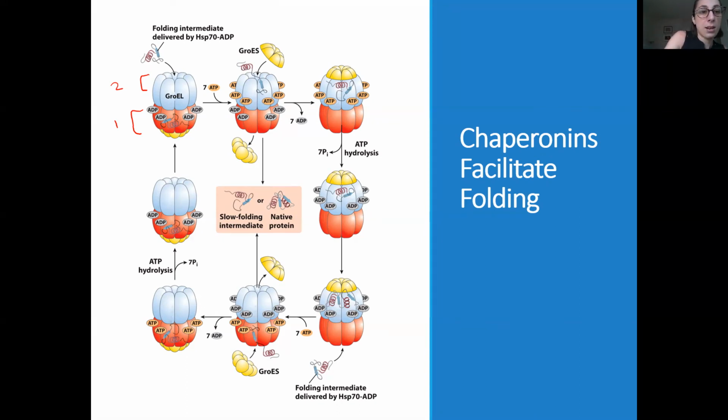So you can see here, if you insert a misfolded protein and utilize 7 ATP of energy, this is going to use up the ATP in the top subunit and release the native protein after being folded. At this point, the bottom subunit can then intake a protein to help with its folding.